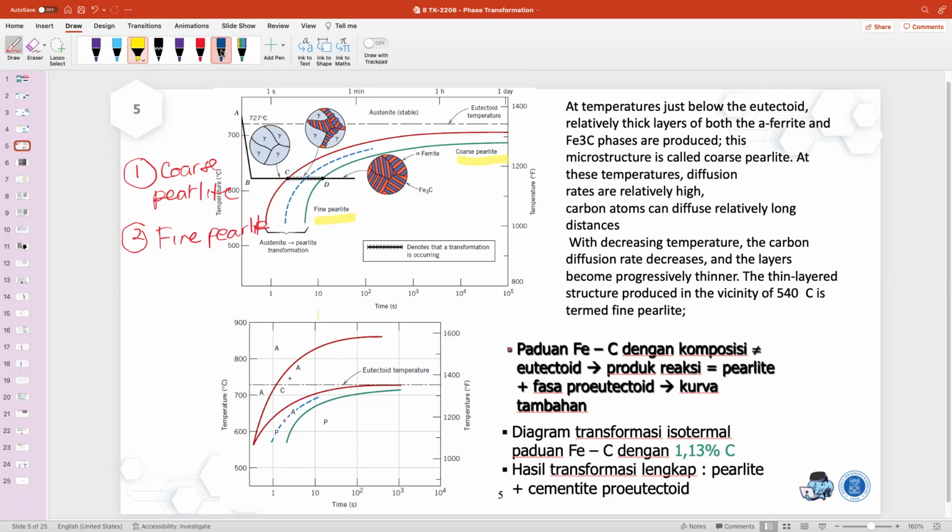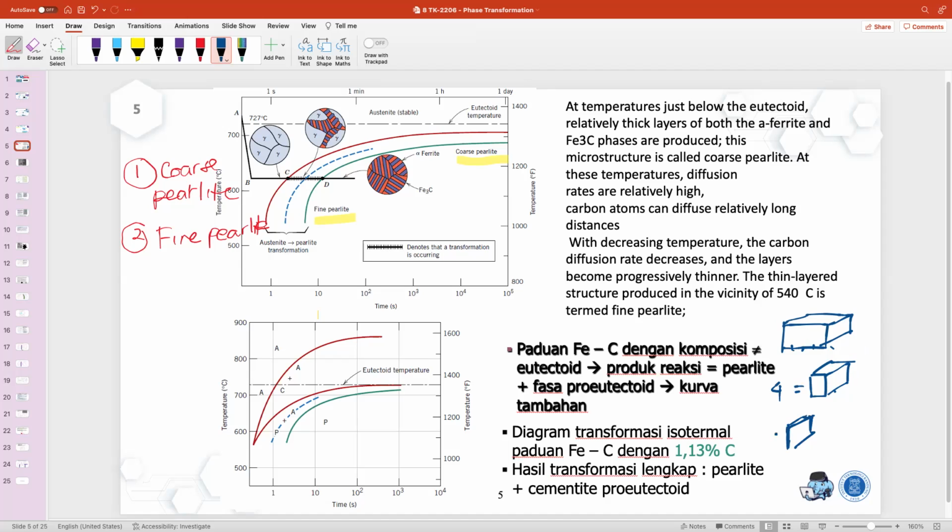Just for example, I have maybe cheese, or maybe tempe, let's say. If I make this thick, maybe I can only get 4 pieces. So if you calculate the interface area, it is maybe only 4 multiplied by the surface area.